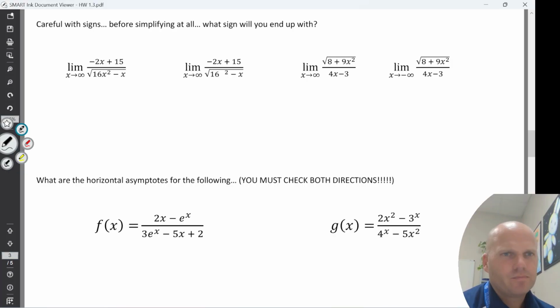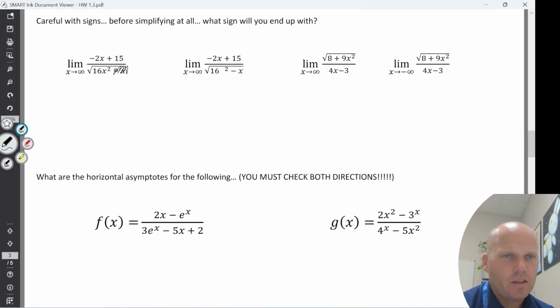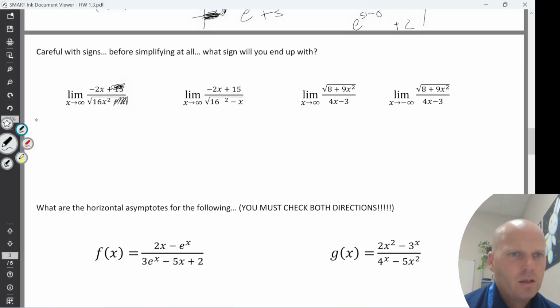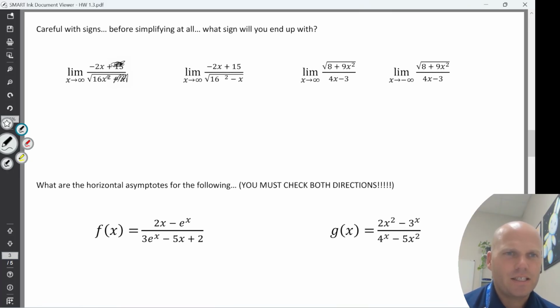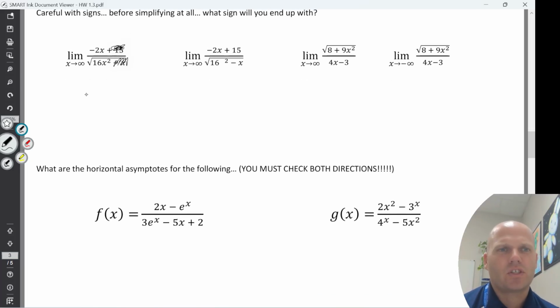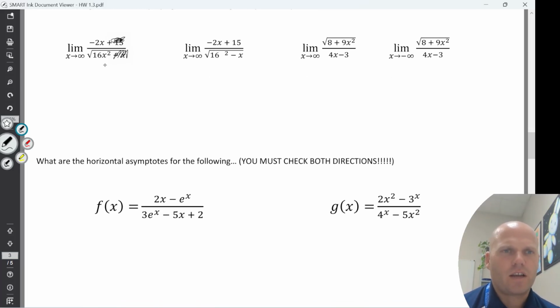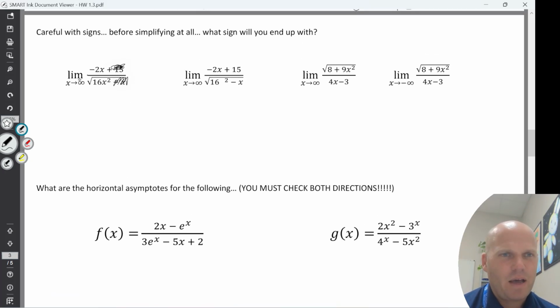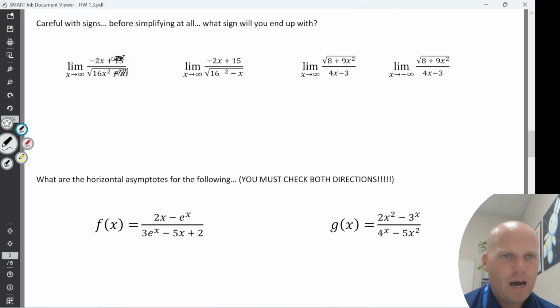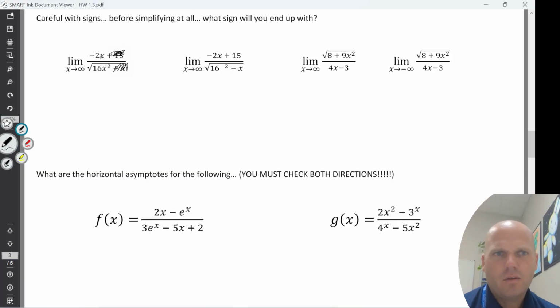Now, what happens here? Well, the negative x goes away. The 15 goes away. And then I can plug in infinity. You might think it's slower over faster, but it's not. It's the same growth over the same growth, because we know that the square root of x squared is just x. So we have this positive value getting plugged in times negative 2, so a negative 2 times the same.